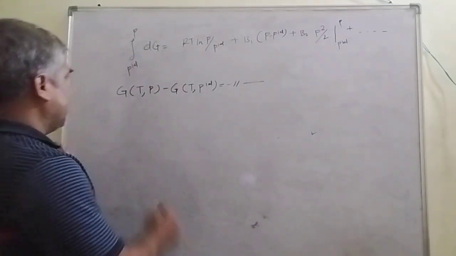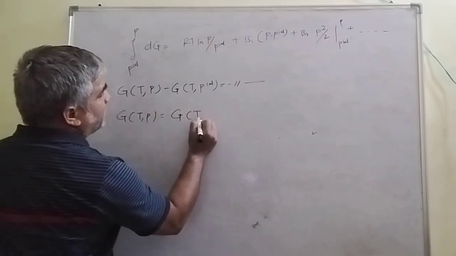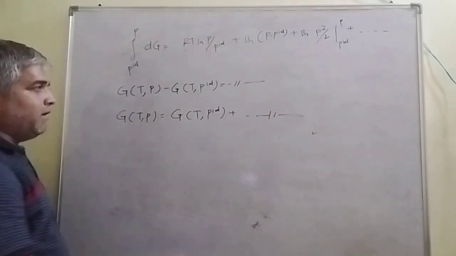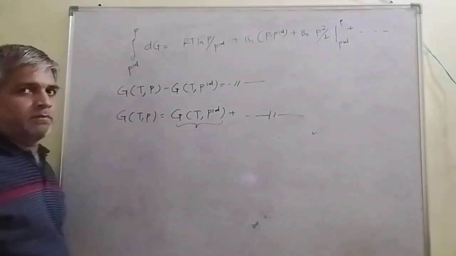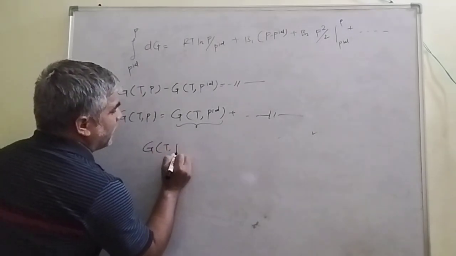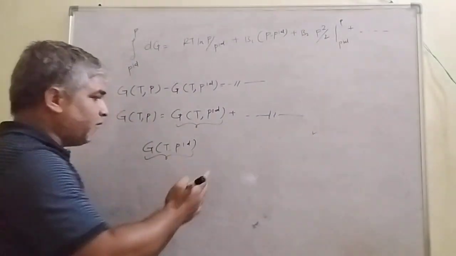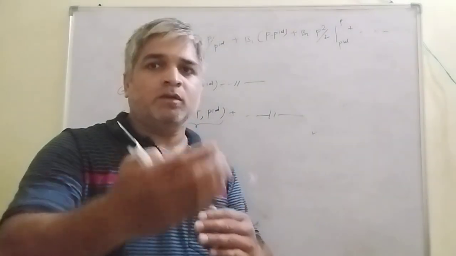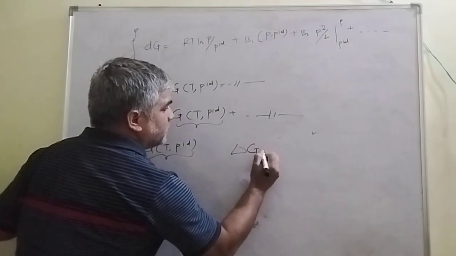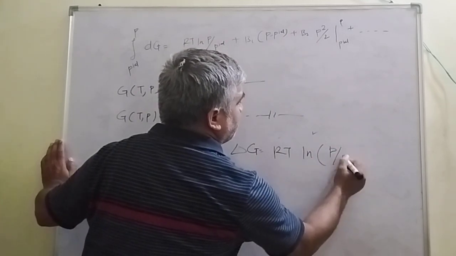Now I can simply write G at a given temperature and pressure equal to G at the given temperature and ideal pressure plus these terms. I want to estimate this. How can I estimate it? G at a given temperature and P ideal, I can estimate from P naught, the standard pressure, to the ideal pressure, because I know delta G equals RT ln of P by P naught.